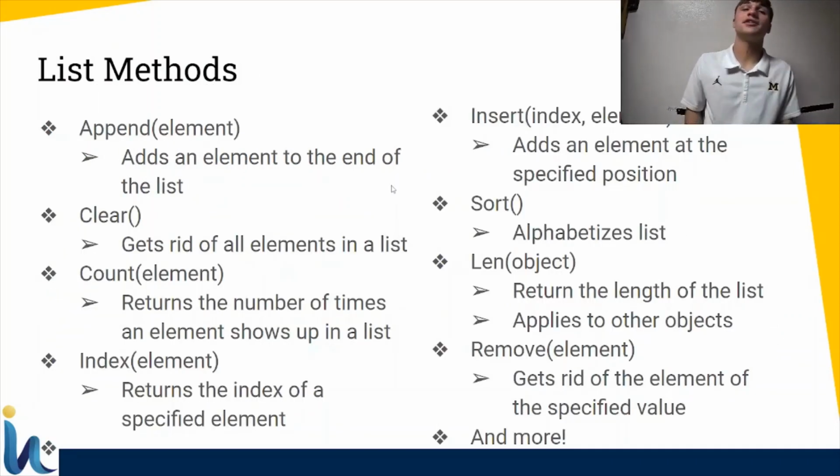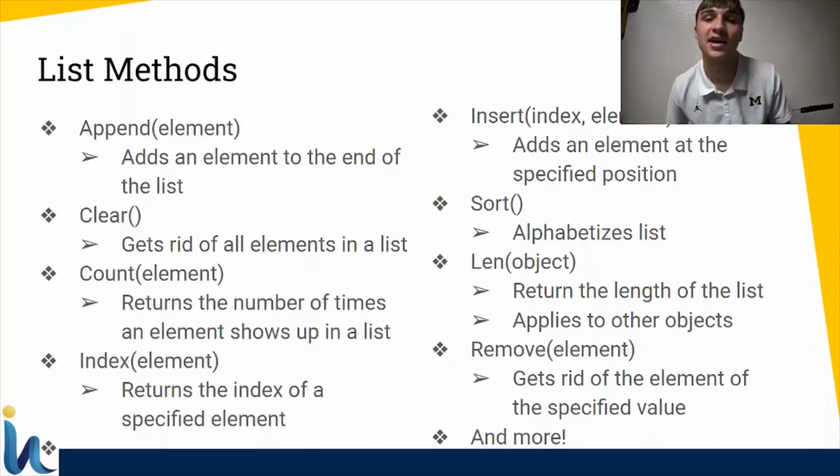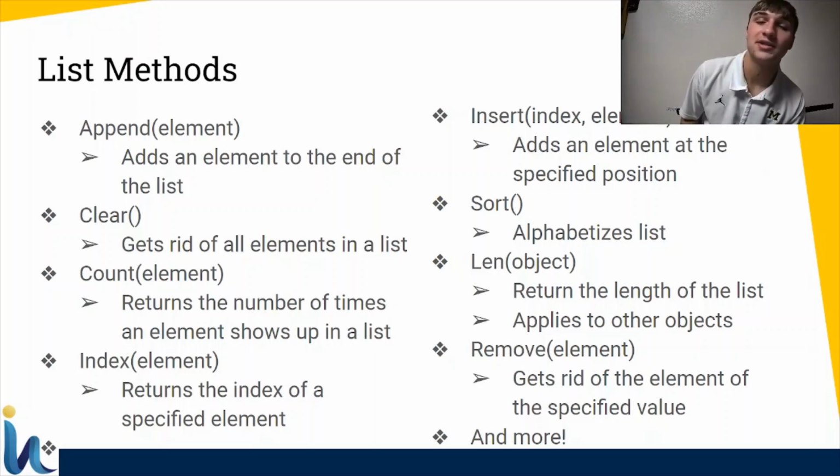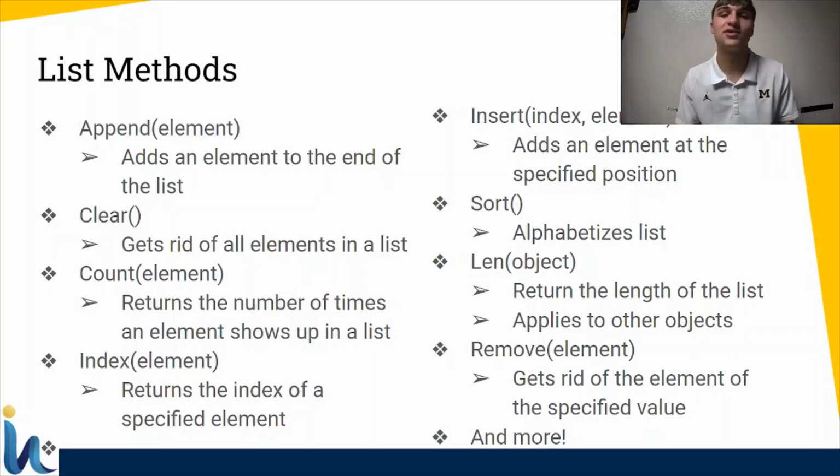There's a lot of list methods, and they can be very useful. Append adds an element to the end of the list. Clear will get rid of all the elements in a list. Count will return the number of times an item shows up in a list, so if you have duplicates, you might want to use that.